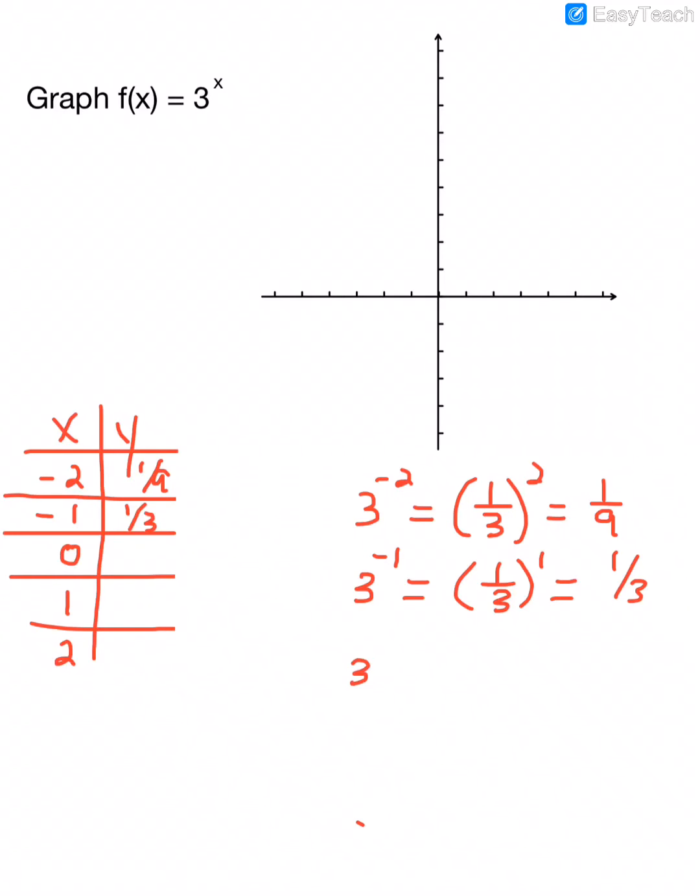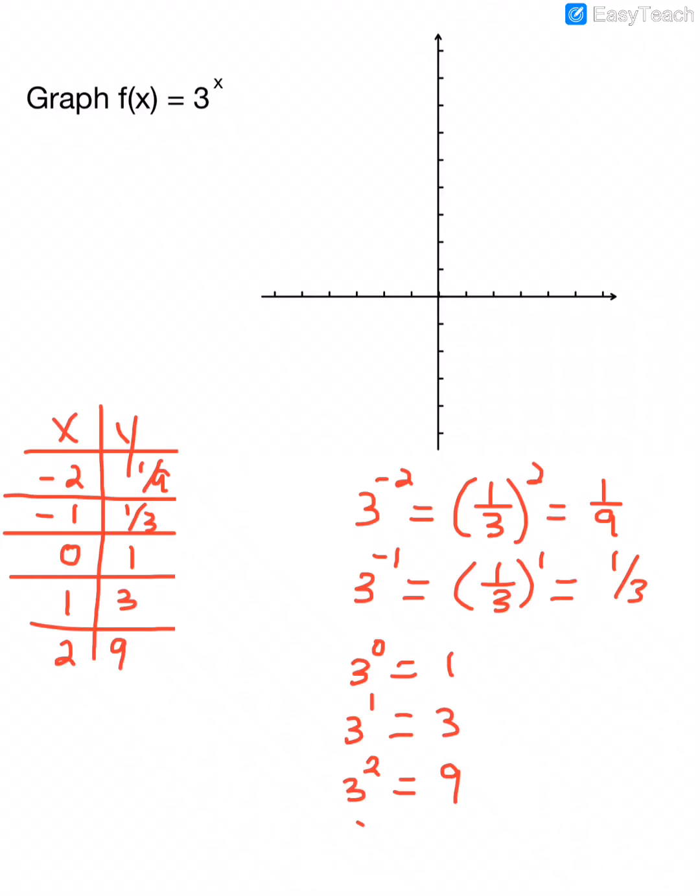If you'll remember, anything raised to the 0 power is 1. Then, of course, 3 raised to the 1 power would just be 3. And 3 squared would give us 9.